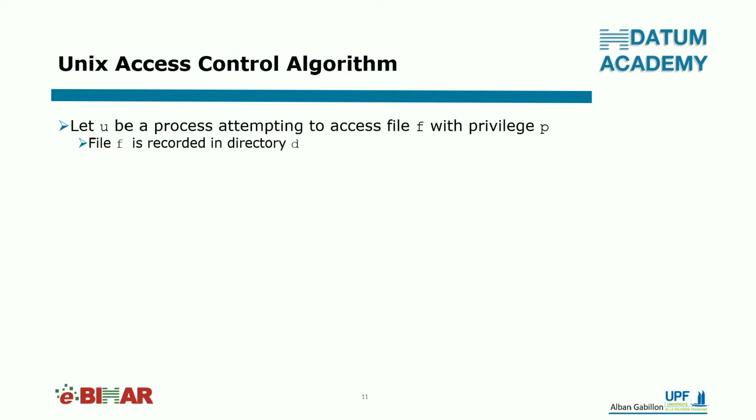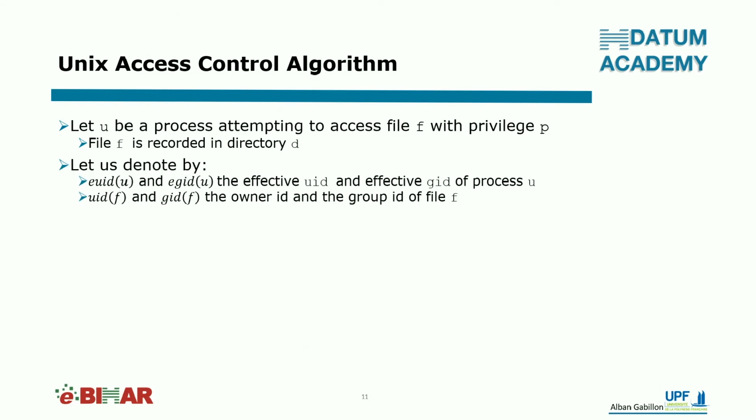So, knowing what I have just said, we can now specify the access control algorithm. Let U be a process attempting to access file F with privilege P, P being read, write, or execute. File F is recorded in directory D. So we have the effective user ID and the effective group ID of the process, defining its protection domain.